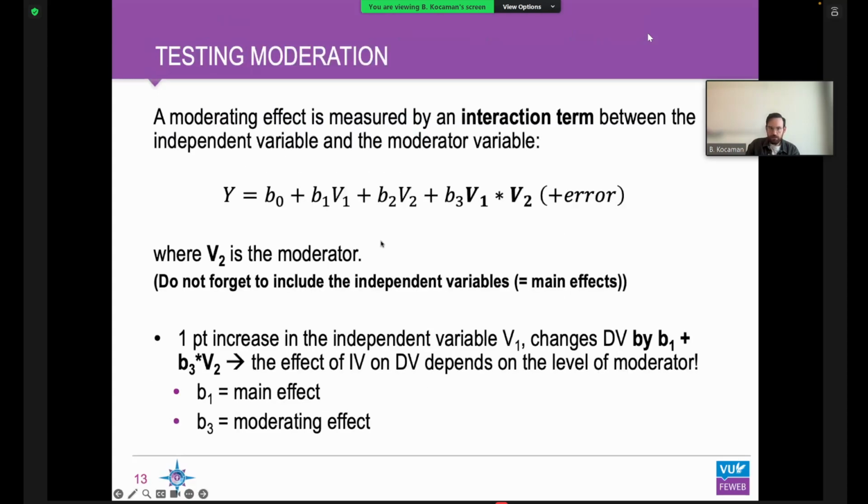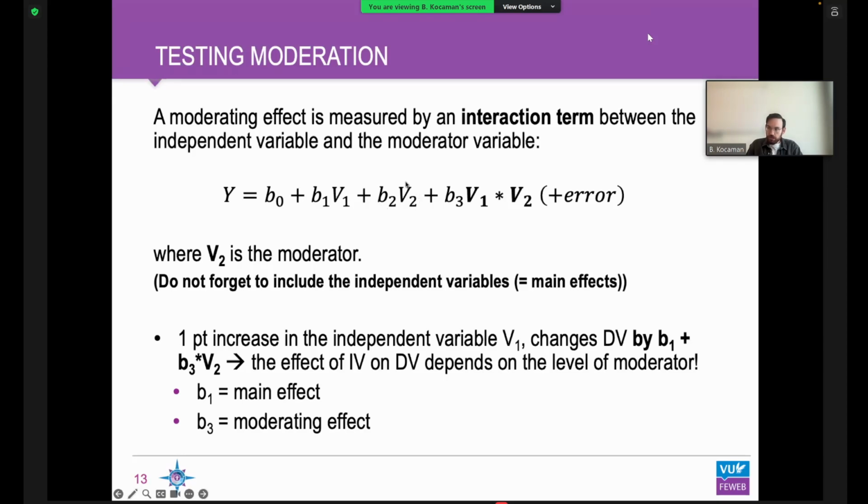Okay, so let's now look at how we can add the moderator in the regression model in R, or in general, actually. Mathematically, when you have a moderator, we can measure this effect by an interaction term between the independent variable and the moderator variable. So here we have, let's say, this independent variable V1. Now we want to add V2 as a moderator.